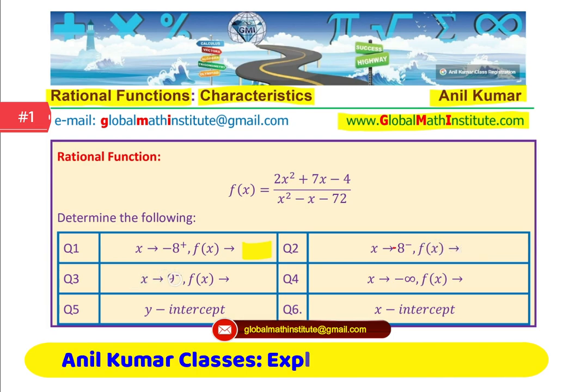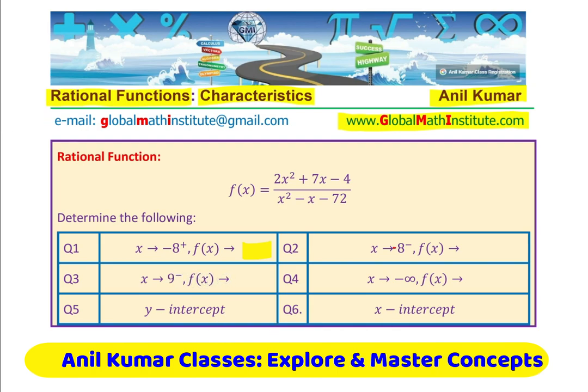When x approaches 9 from the right side, and from the left side, f of x approaches what? When x approaches negative infinity, f of x approaches what? And then we have to find the intercepts, y-intercept and x-intercept.